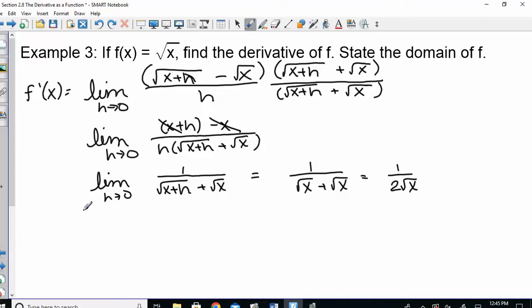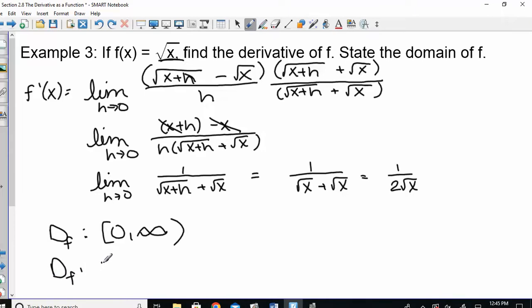I also did ask you a question. What's the domain of f? The original function. If you have a square root, what kind of numbers can be under a square root? Only positive. Can you do the square root of 0? Yeah. So the original had a domain of 0 to infinity. The 0 had a bracket because you could put in the 0.